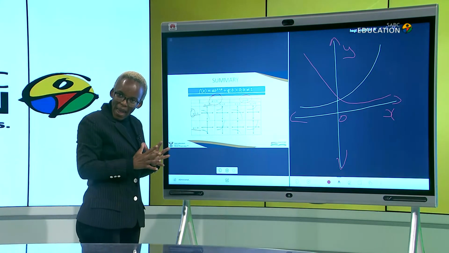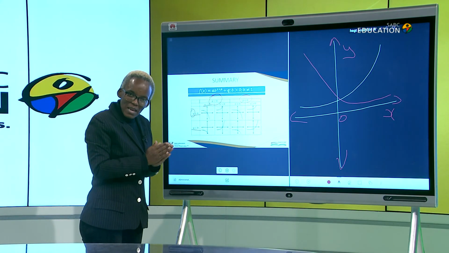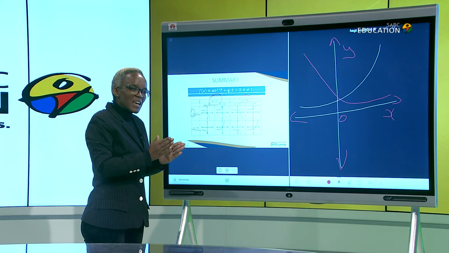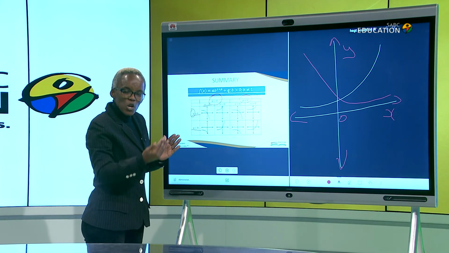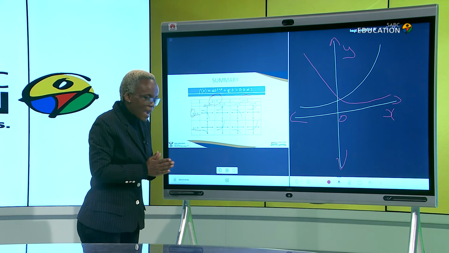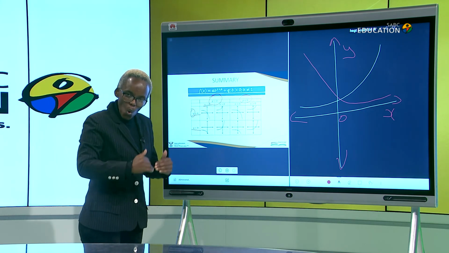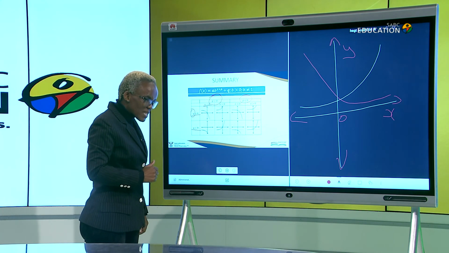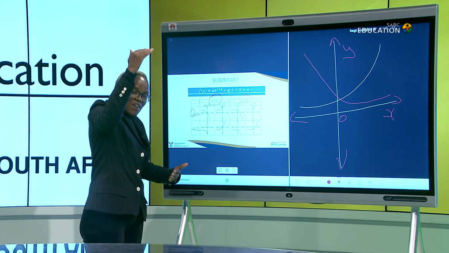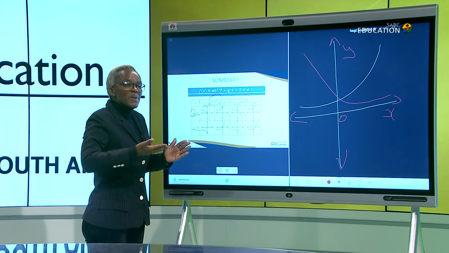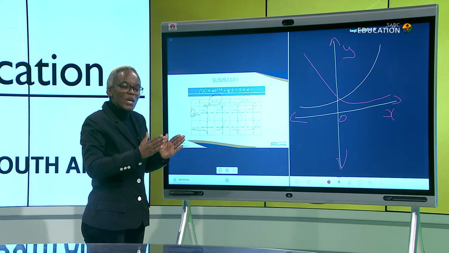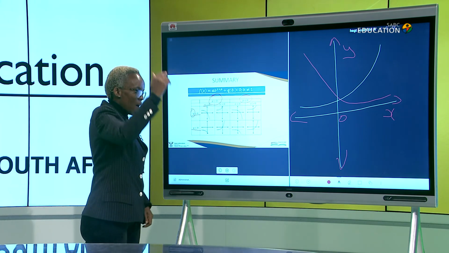So our A always, when it's negative, the graph will lie below the asymptote. When A is positive, it lies above. A negative, below the horizontal asymptote. A positive, above.